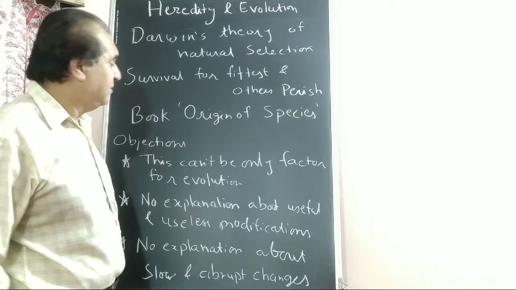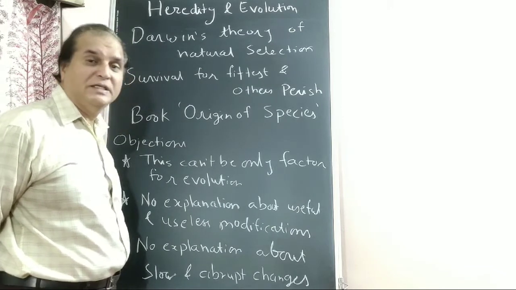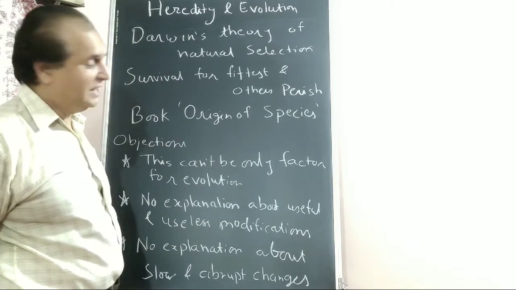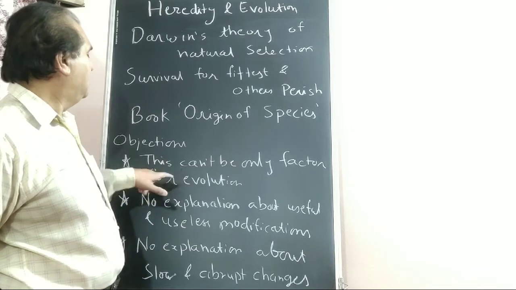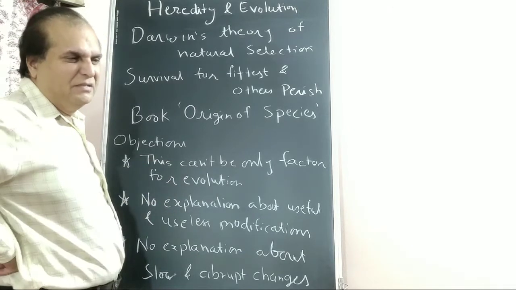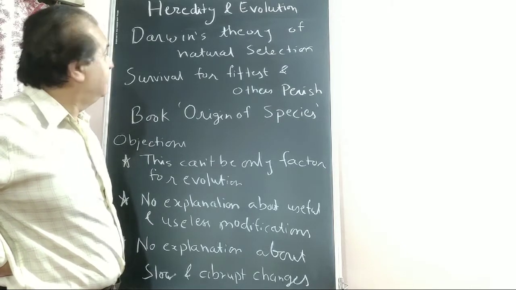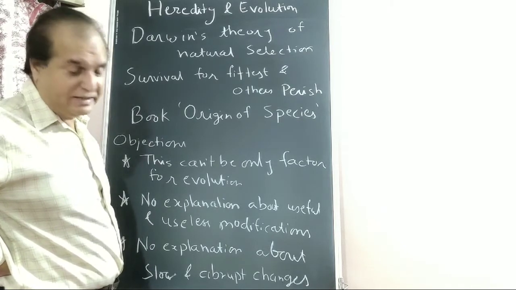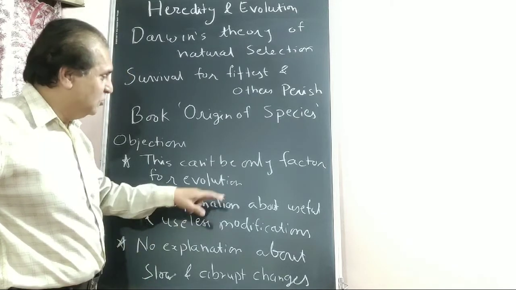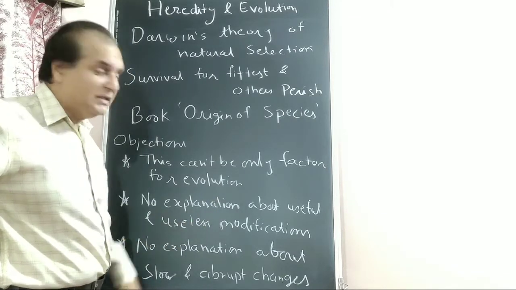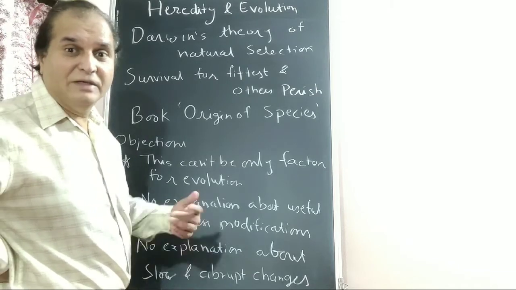But still, there were some objections to Charles Darwin's theory, that this can't be the only factor for evolution. Many people do not accept natural selection as the only factor. There was no explanation in his book about useful and useless modifications, like vestigial organs.